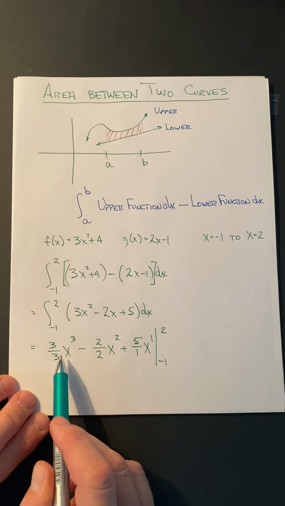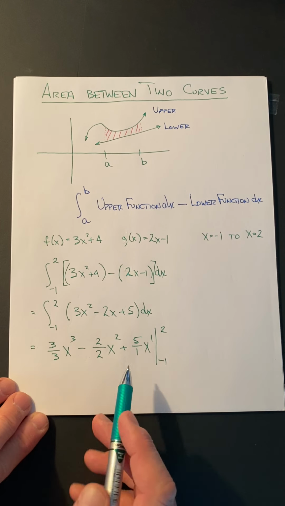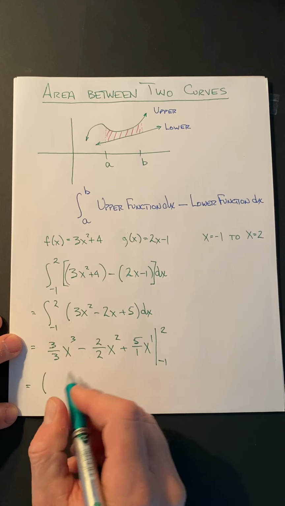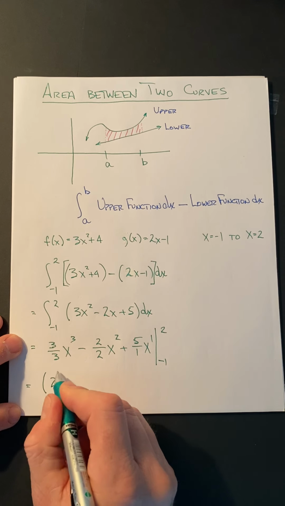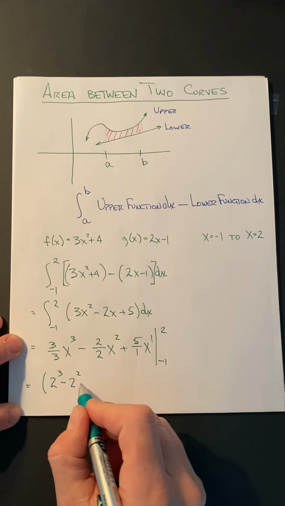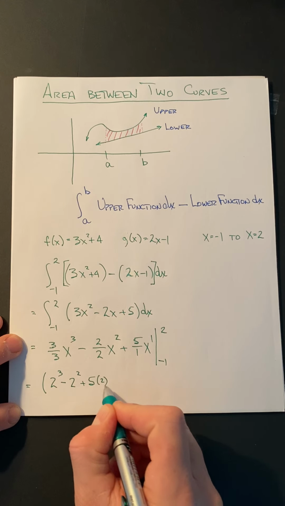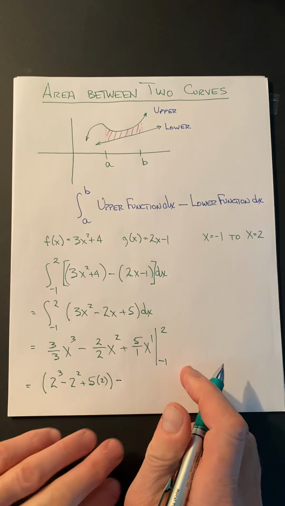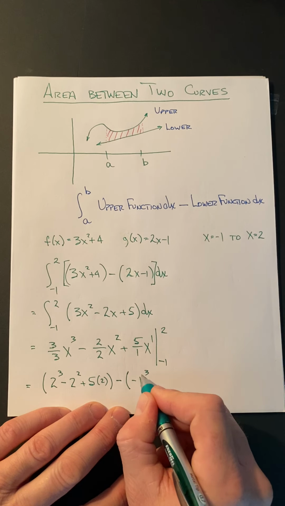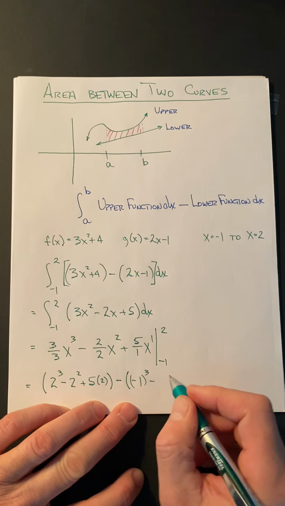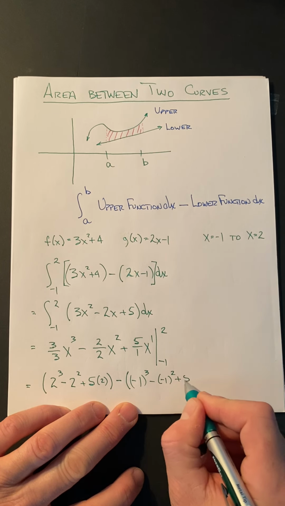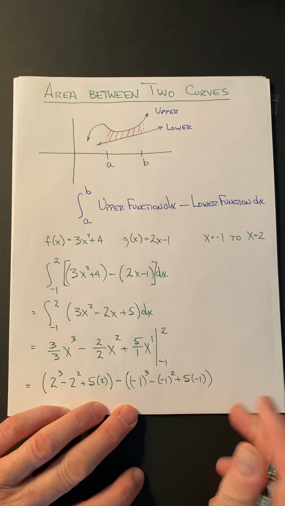So this example is nice because it gave us nice, easy numbers to work with. So here, excuse me, I'm going to have upper limit 2 cubed minus 2 squared plus 5 times 2, minus my lower limit. I'm going to have minus 1 cubed minus a minus 1 squared plus a 5 times minus 1.